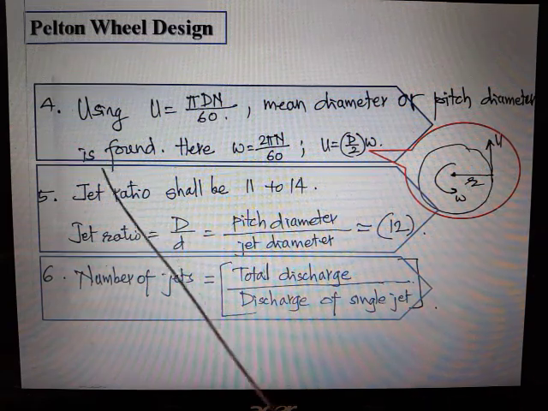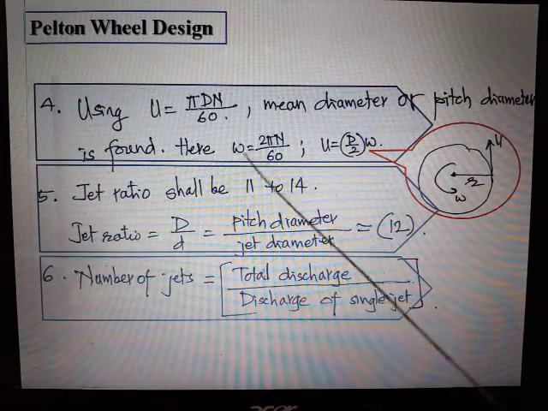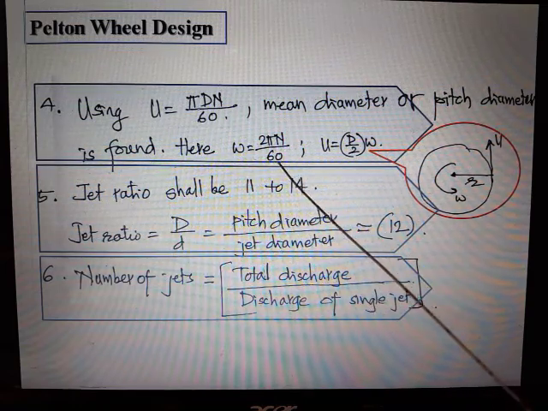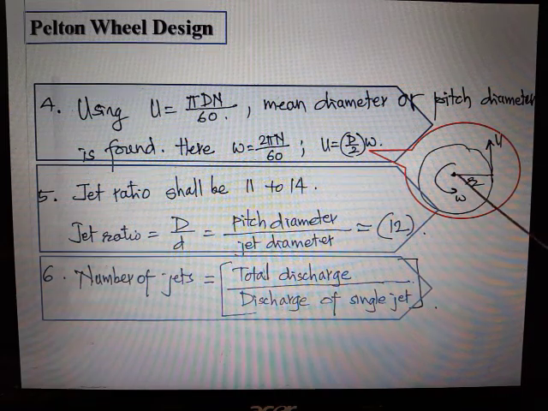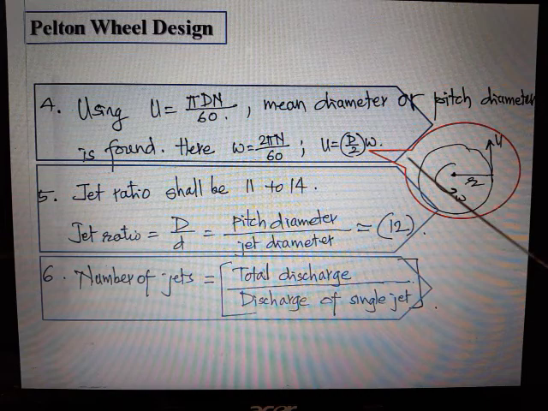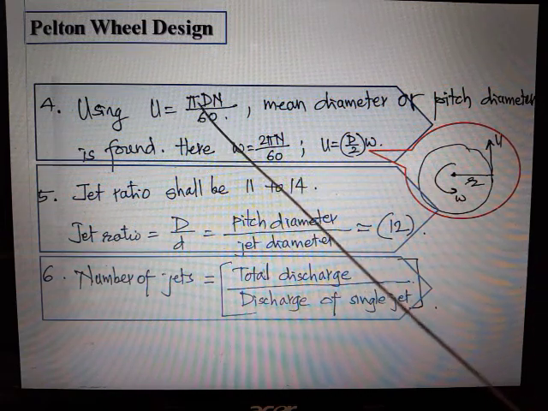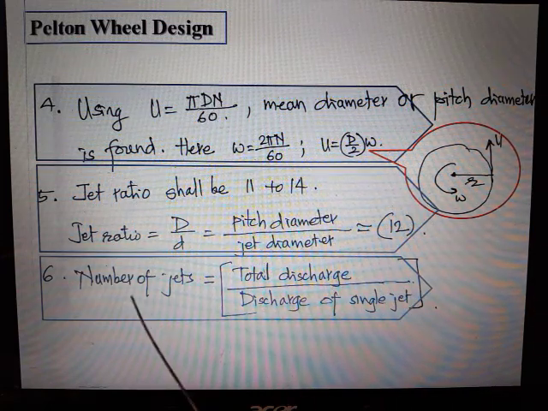Here we know that omega, angular velocity, is given by 2 pi N by 60. The U itself is D by 2 into omega. So if you club these two, you will get this. From here we have to find out the diameter of the wheel.